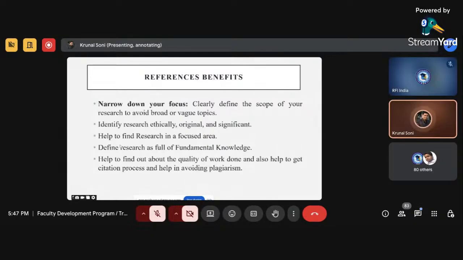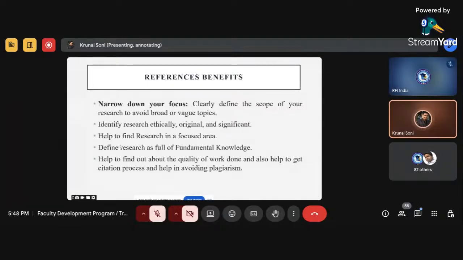So ethically means you have used some other researchers' content and you are giving the credits to them through the citations, and the citations are always followed by the references. Original means you have developed your own content in terms of data analysis or something, so that is where the citation is not required.